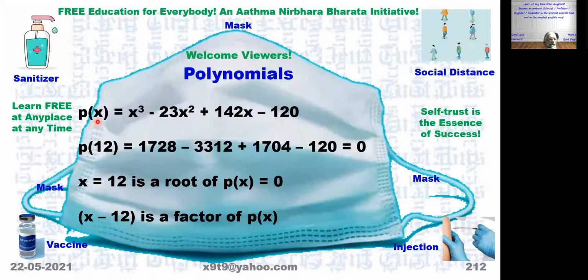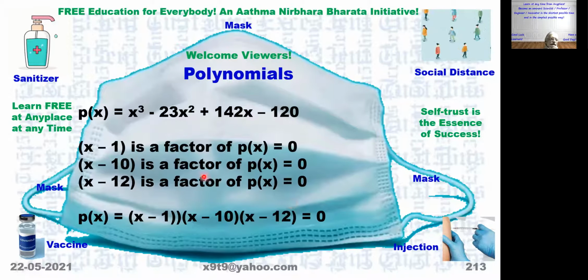Similarly, when you substitute x is equal to 12, we get 12 cube minus 23 into 12 squared plus 142 into 12 minus 120. Simplifying, this again becomes 0. So x is equal to 12 is a root of the given polynomial equation p(x) is equal to 0, or x minus 12 is a factor of the given polynomial.